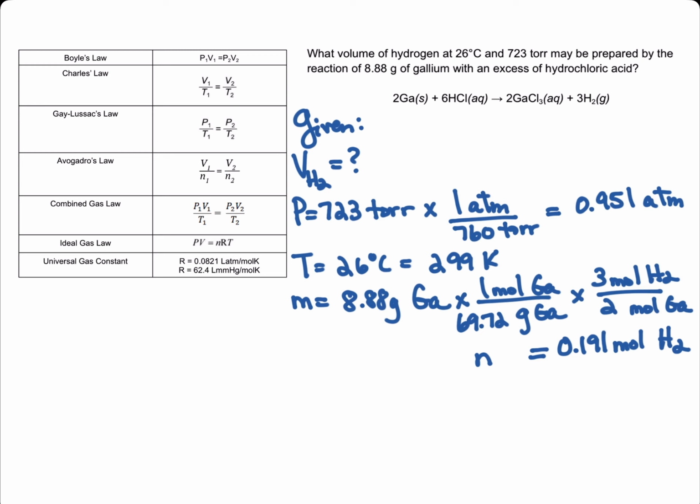Okay, so we have the P, we have the T, we have the n, we also have the R. Now we can go ahead and plug that into the ideal gas law. PV equals nRT.